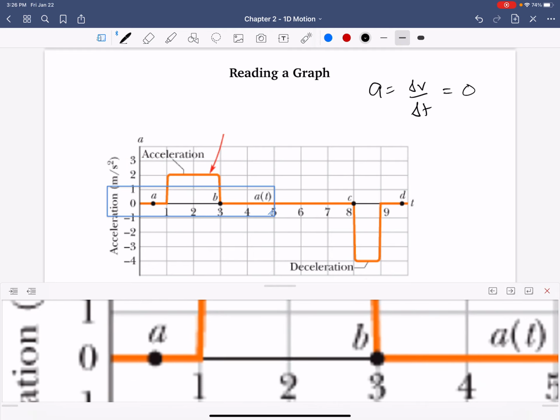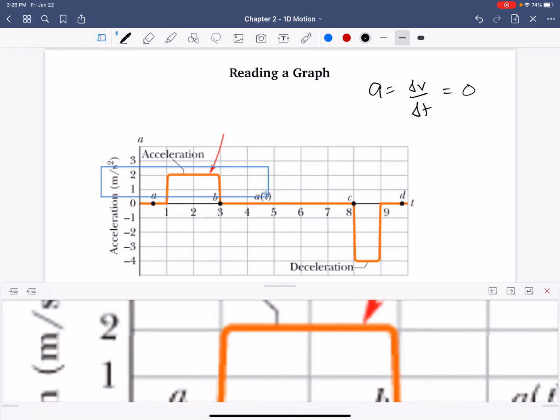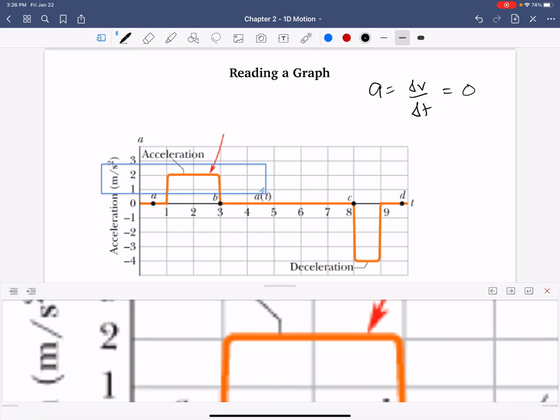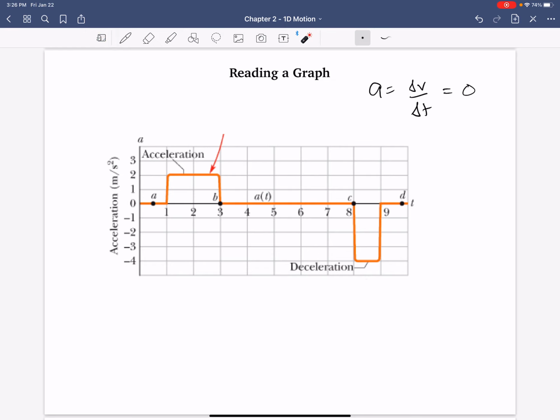So the value of acceleration does not simply go from 0 to boom, 2. Yes, there is a little bit of a curve, but in essence, this happens very quickly, okay? Quickly enough that we can really ignore it, okay? So this is the acceleration versus time graph for this object.